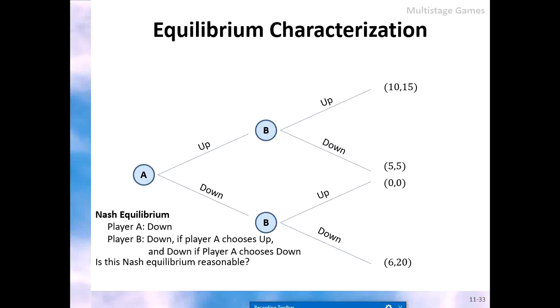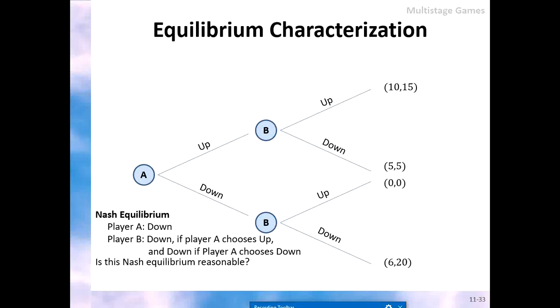So, what do we make of all this? There is in fact another Nash equilibrium in this game. In particular, suppose player B's strategy is to choose up if player A chooses up, and choose down if player A chooses down. Given this strategy by player B, player A earns 10 by choosing up and 6 by choosing down.